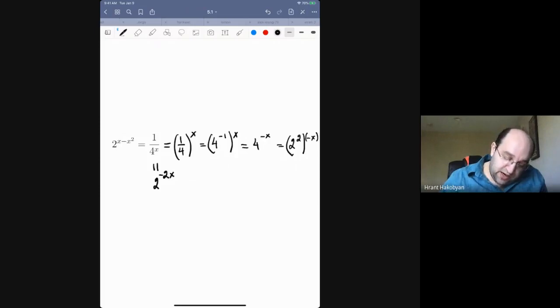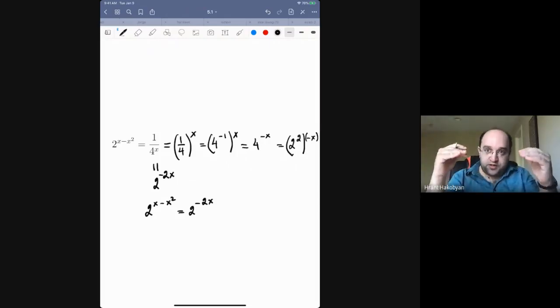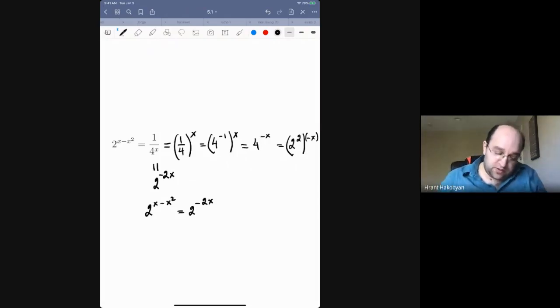So what I get is 2 to the power x minus x squared, and that's equal to 2 to the power negative 2x. Now all we have to do is set the exponents equal to each other and solve. So x minus x squared is equal to negative 2x.